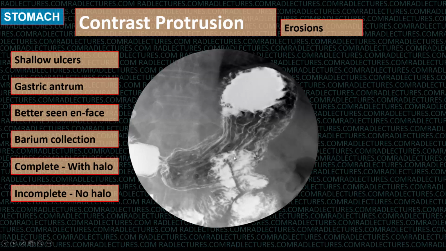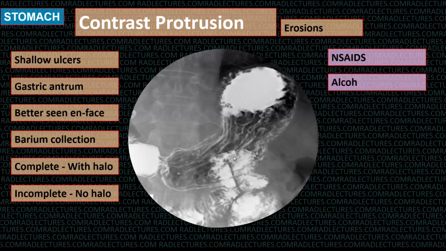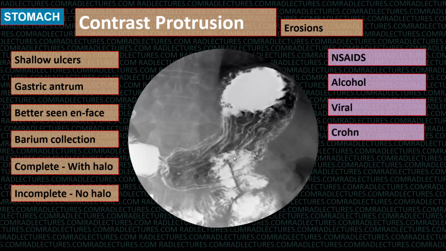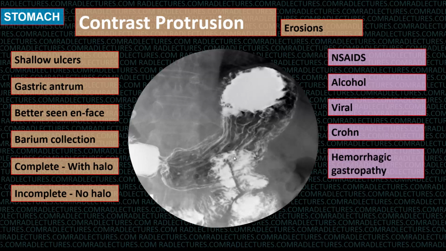When there are erosions like this present, the most common cause is going to be nonsteroidal anti-inflammatory agents. Alcohol is another one, alcoholic gastritis, viral infections, Crohn's disease, hemorrhagic gastropathy, and iatrogenic trauma, nasogastric tube, or recent endoscopy.